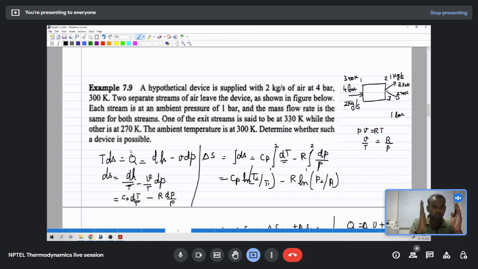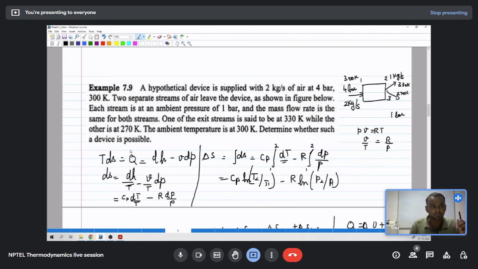We are only concerned about what happens at the boundary of this volume. So this type of problems are flow problems, and in flow problems we will generally deal with this expression dH minus VdP for the Q. So delta S is as per this integral, Cp ln T2 by T1 minus R ln P2 by P1. So for most of the flow problems it will be like this.